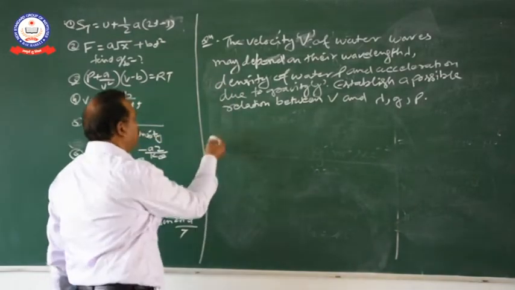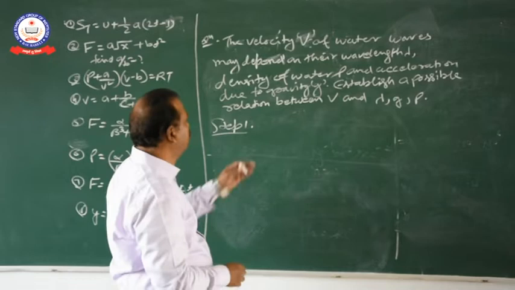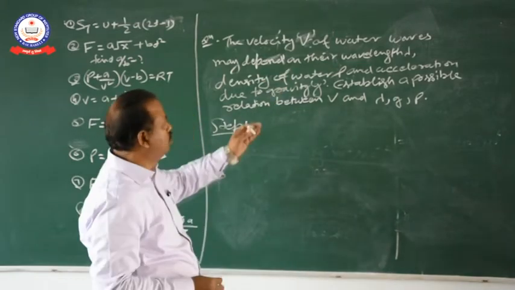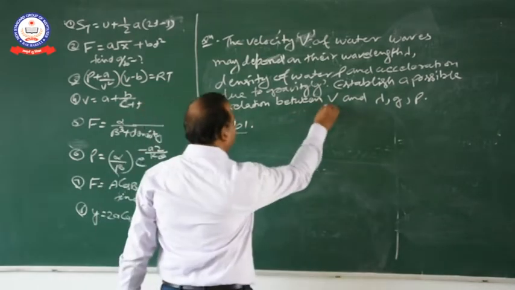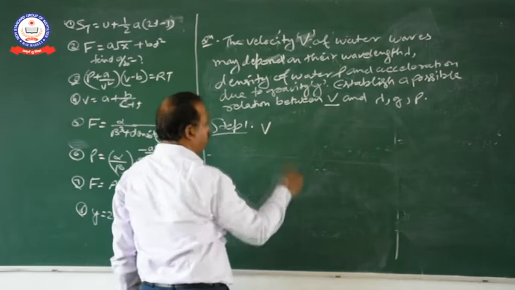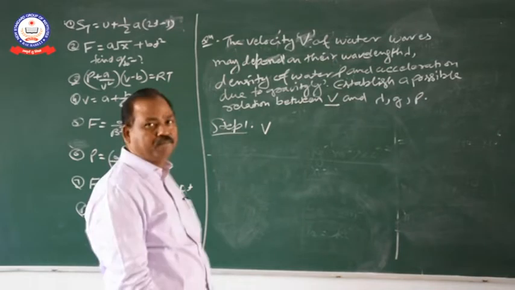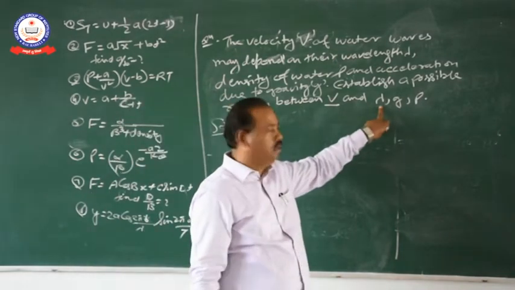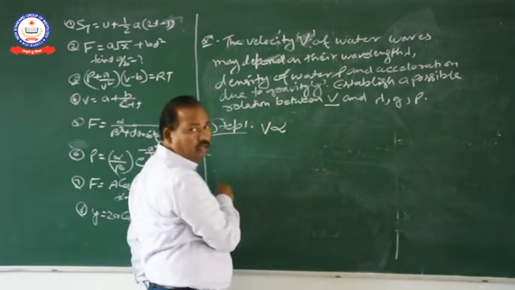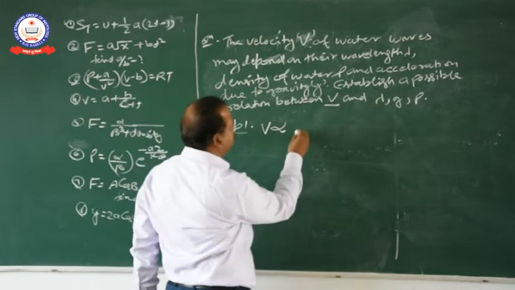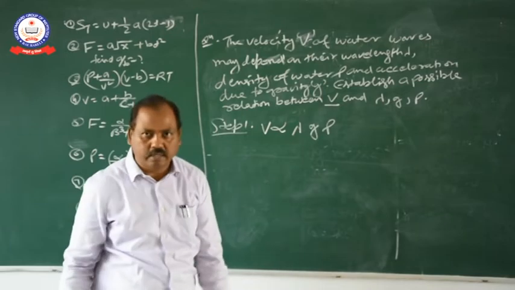Step 1: first you see in your question, to find the relation, v depends upon how many quantities: wavelength, acceleration due to gravity, and density of water. You use the proportional sign: v proportional to lambda, g, rho, correct?